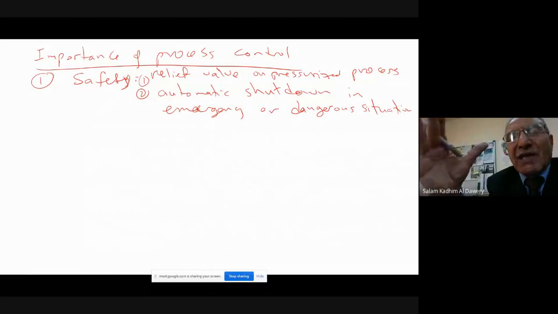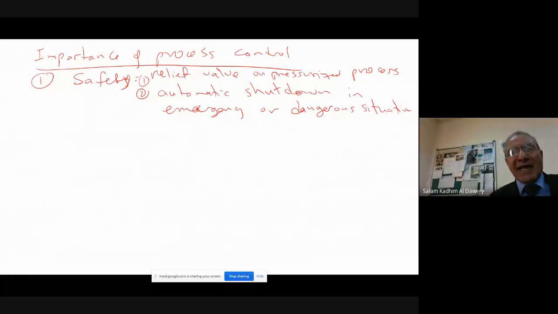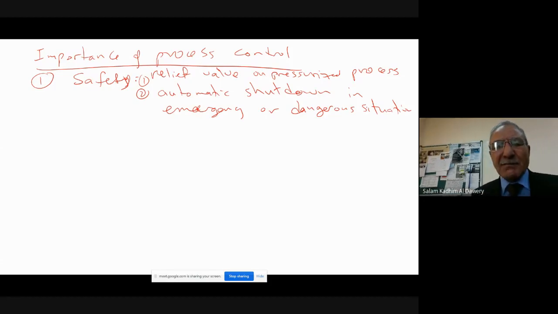What you should have is automatic shutdown. You cannot depend on the laborers because everybody will panic. So when there is a problem in the plant, it should have automatic shutdown in a sequence. You cannot close down everything immediately, because sometimes, not in all processes, but sometimes, we are dealing with toxic processing that causes hazard.